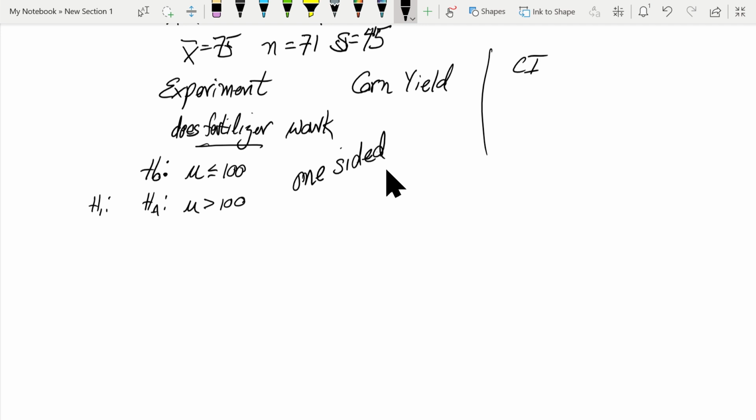Is it 100 and less, or is it more than 100? So I've got this on one side or that. If I'm doing a two-sided experiment, this is much more difficult to set up.